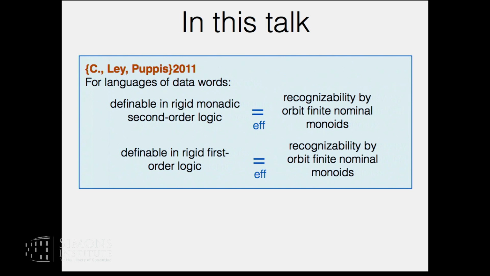So we did not throw away anything from normal logic. And on the right side, we have an algebraic object, which is that of a nominal orbit finite monoid. And we have this aperiodic version. If you take exactly the same rigidity thing and combine it with first-order logic, then you get the aperiodic fragment of the nominal monoid.